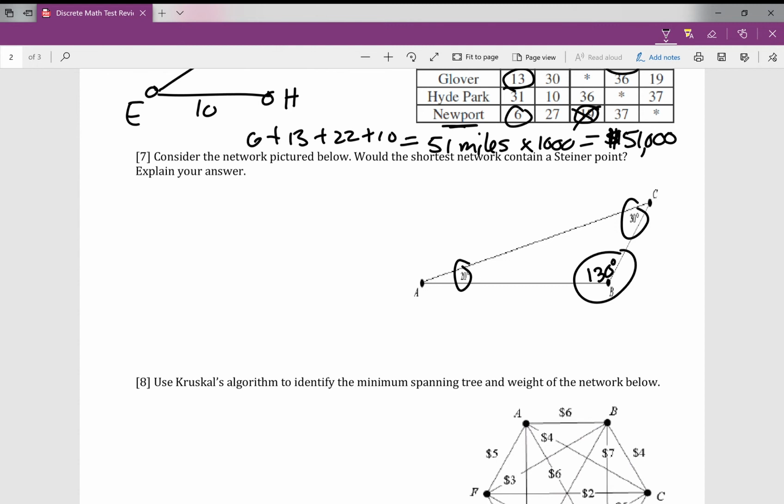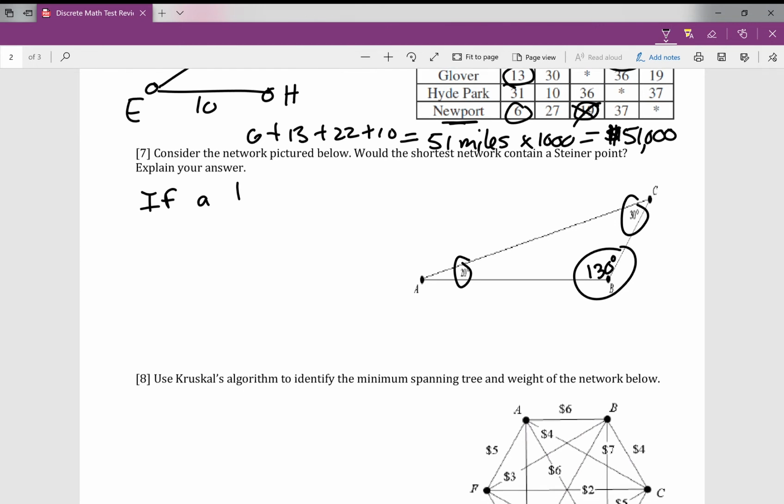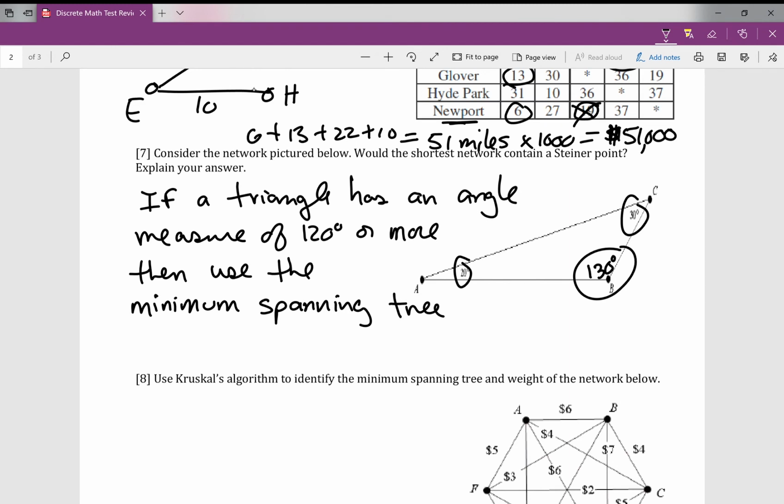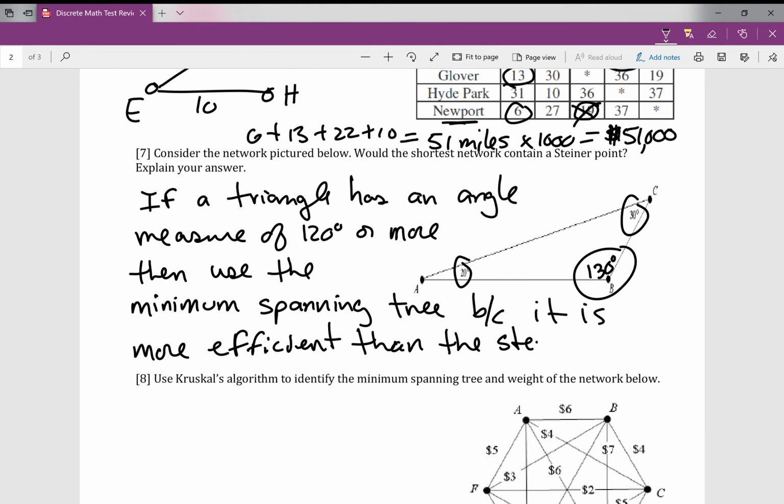So if there's an angle that is 120 or greater, we would use a minimum spanning tree and not a Steiner point. We got that from our list of theorems on when to use Steiner points and when not to.